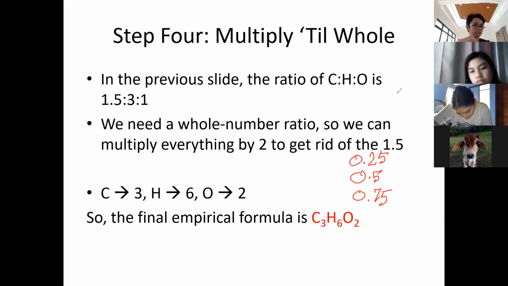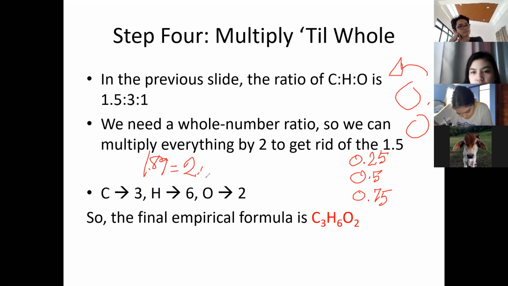If your decimal is 0.1, then round it down to the nearest whole number. If your decimal is 0.8, then round it up to the nearest whole number. For example, if your decimal is 1.89, you can just round it off to 2.0.